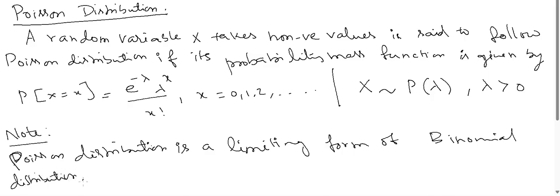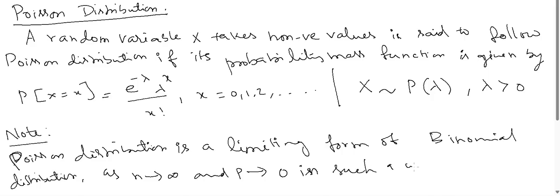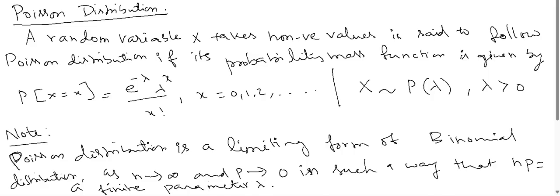What is the meaning of binomial limiting form? Limiting form is nothing but as n tends to infinity and p tends to 0 in such a way that np equals a finite parameter lambda.